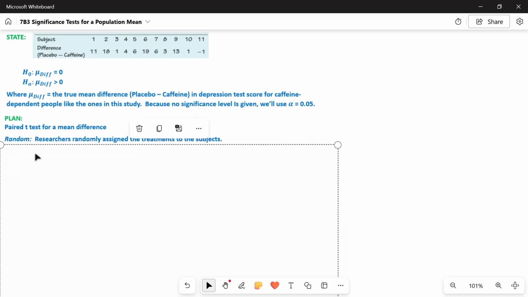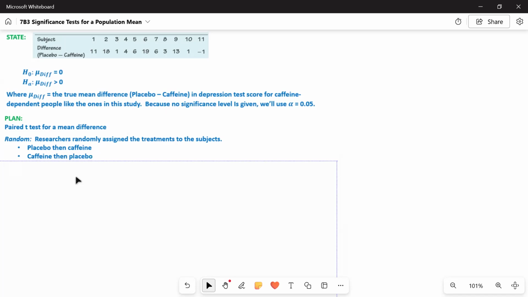Then we check the conditions. Random: researchers randomly assign treatments to the subjects, placebo then caffeine or caffeine then placebo. And then the normal large sample condition: the sample size is small, it's less than 11, and we don't know the population distribution.